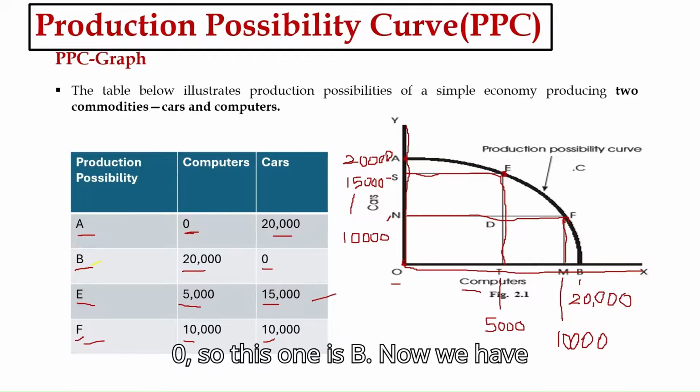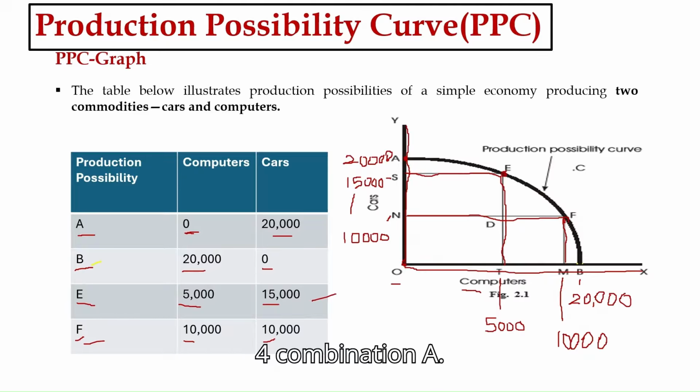So this one is B. Now we have four combinations: A, B, E and F. So we can see in the graph we have A, E, F and B. Now what we will do? We will join all these points, A, E, F and B.